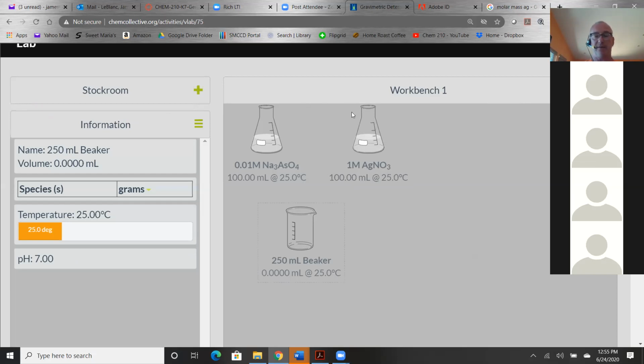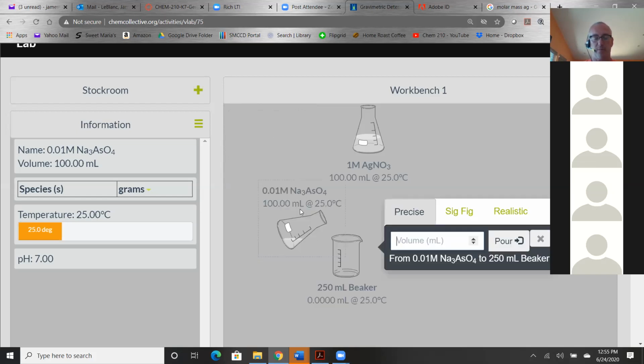To do that, we hover over the arsenate, click on it, and drag it to the beaker. When it's over the beaker and you let go of the mouse or the touchpad, you'll be able to type in exactly how much you want to add. I'm going to say the whole thing, 100, and then pour.